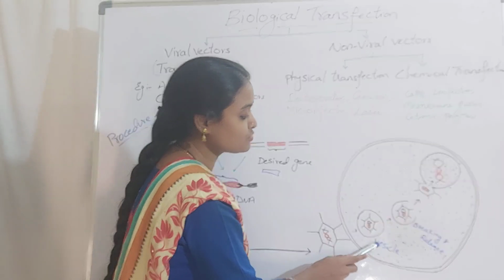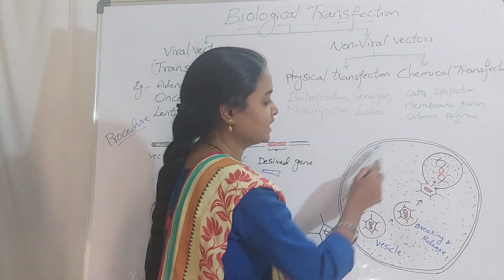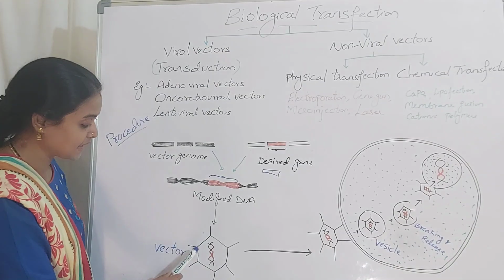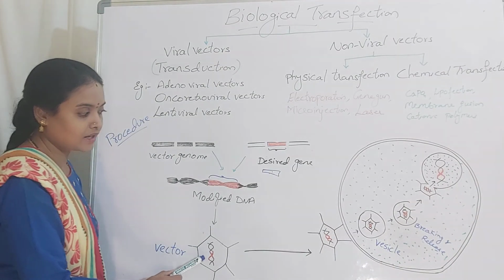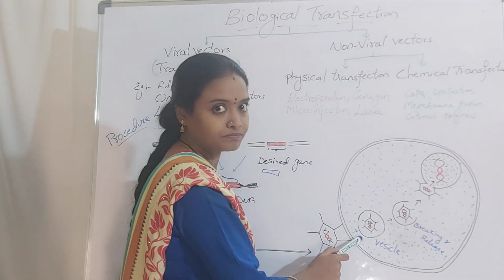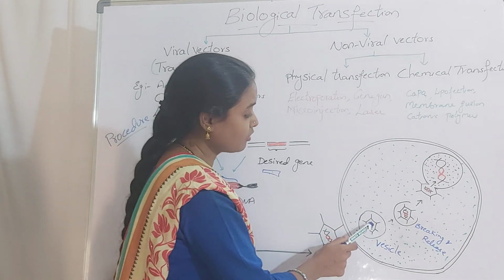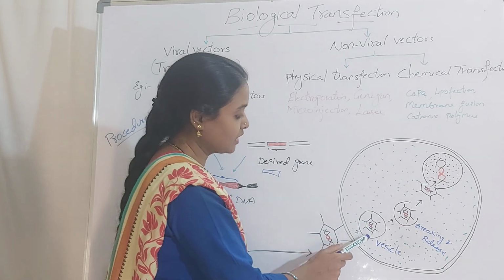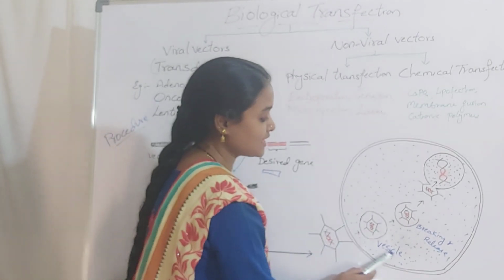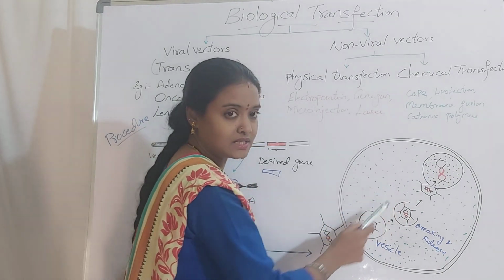Now this vesicle carries this vector to the nucleus of the animal cell. Is that clear? This is the vector which is carrying the desired gene in its genome. When it enters the cell, it forms a vesicle, a membrane bounding the vector, which will carry it to the nucleus. So this vesicle is moving towards the nucleus in the cytoplasm.